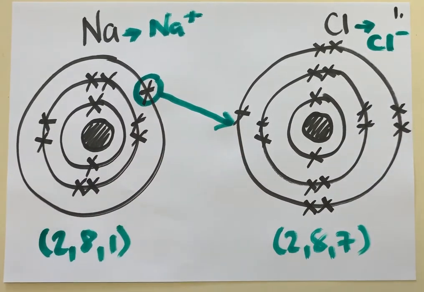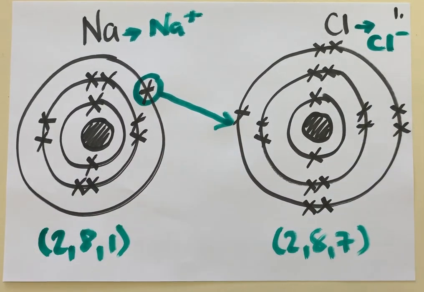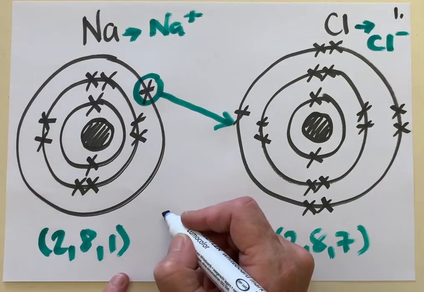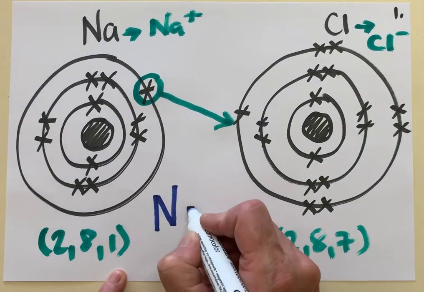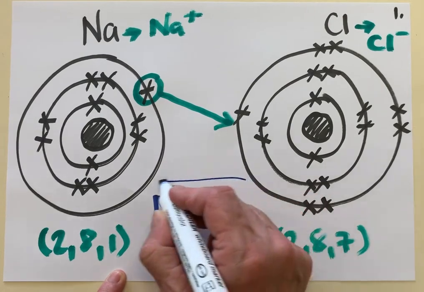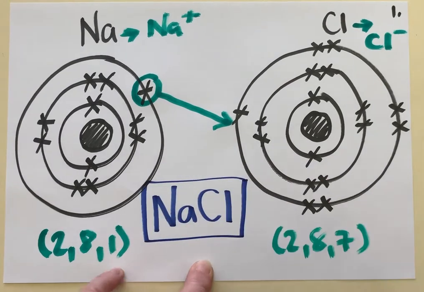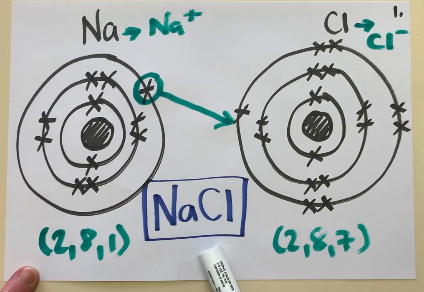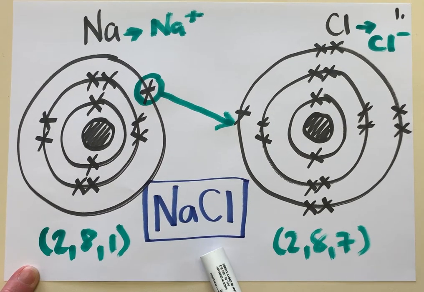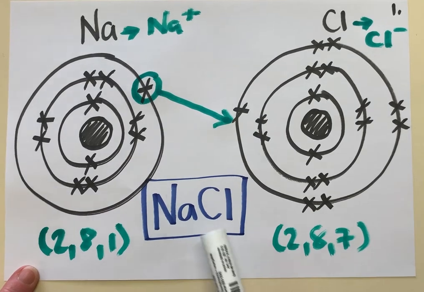As a result of that, we get the compound NaCl, or sodium chloride, forming. Now that is neutral, it has no overall charge, and it's stable.